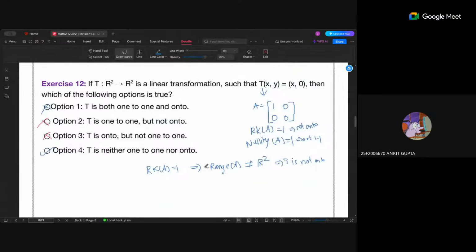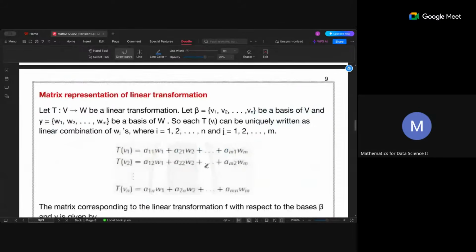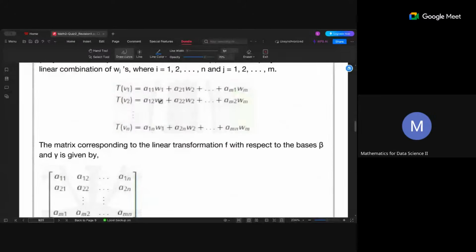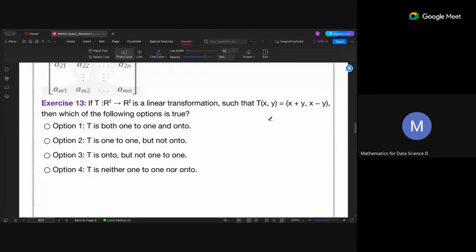Next we are looking at matrix representation. You know how matrix representations work. This is a similar problem, only with a different transformation. Again, use the matrix representation. What is T of (1, 0)? It is (1, -1).